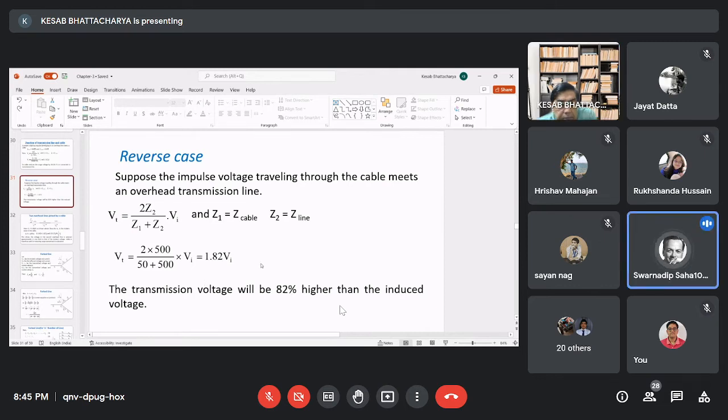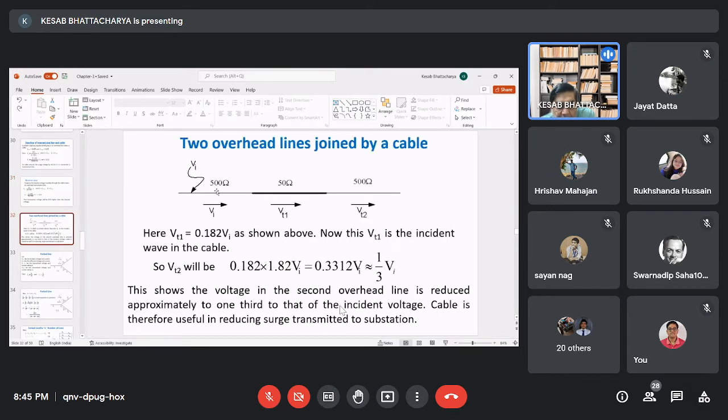Yes, sir. Okay. Now, this feature is very effectively used for interconnecting two transmission lines. What happens? Two overhead lines joined by a cable.